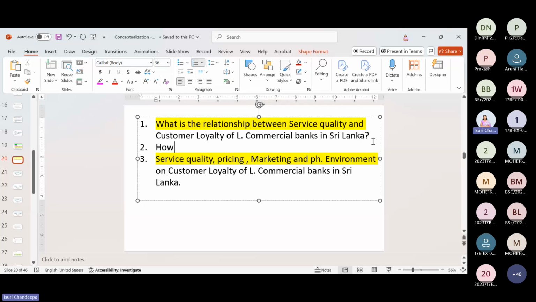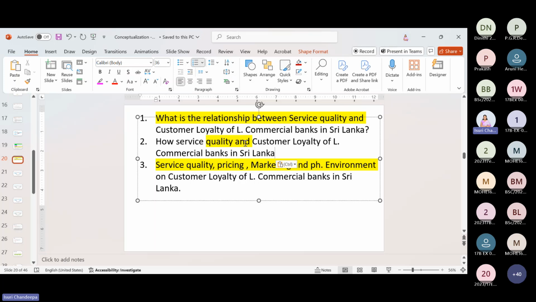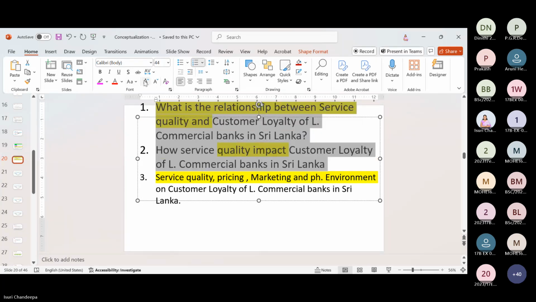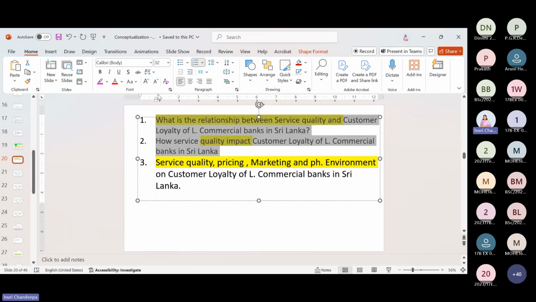How does service quality impact customer loyalty of listed commercial banks in Sri Lanka? So this is one way. Same one, you can start it with how or else what.